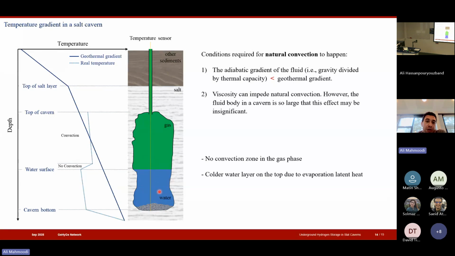And also, there is natural convection within the water phase, so diffusion is not the only thing that causes mixing and transport of hydrogen and nutrients to the microbes within the water phase. There are not many studies where they have measured the rate of natural convection, but the few that do show that the rate is not really that big, and it's way more complicated than just having a spiral flow all over the salt water.